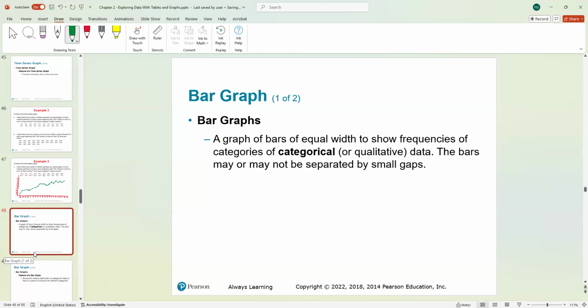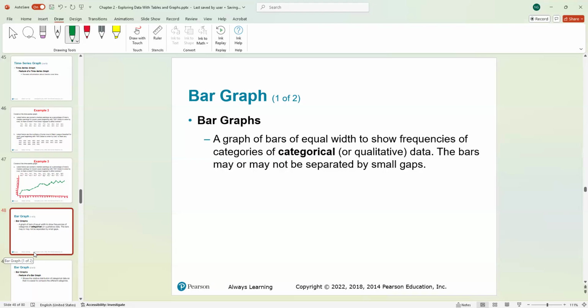So you see a graph of bars of equal width to show frequencies of categorical, we said qualitative, data. The bars may or may not be separated by small gaps. So there are gaps between each bar.